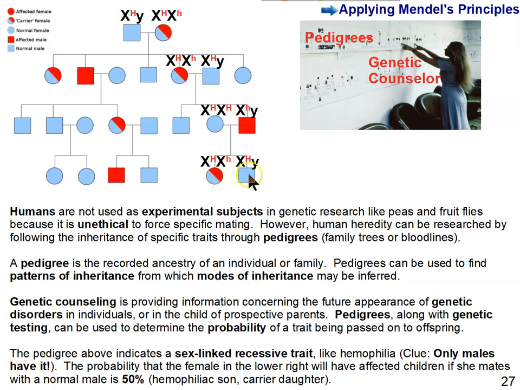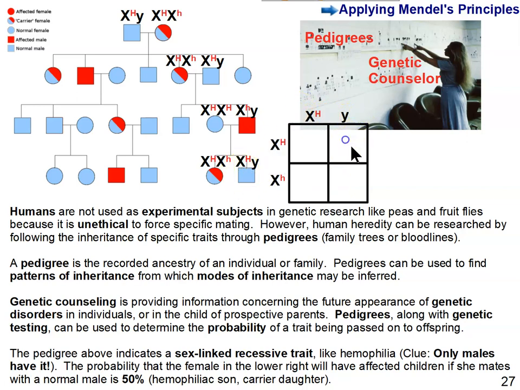And just to complete this, her brother is normal. But we're interested in what's going to happen if she mates with a normal male, so we have to do a Punnett square to figure that out. So here's the normal male, same genotype as a normal male. And then here is the carrier female.